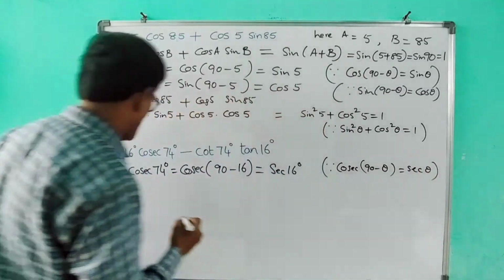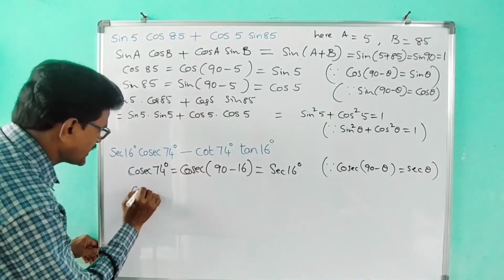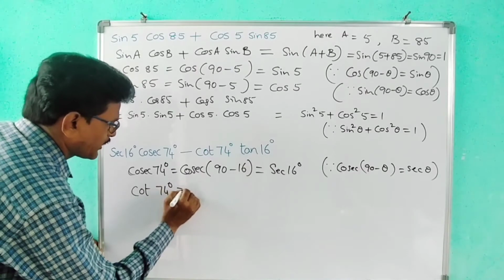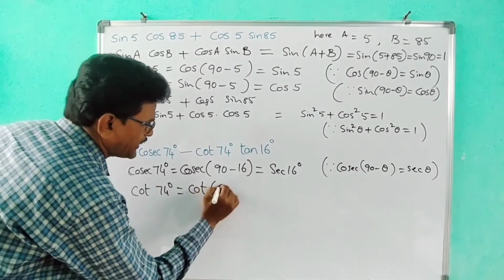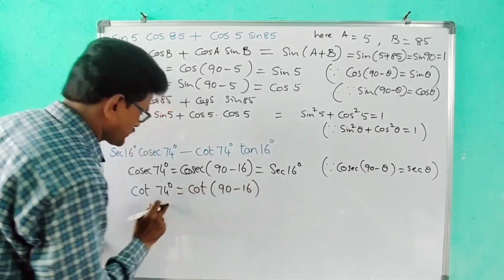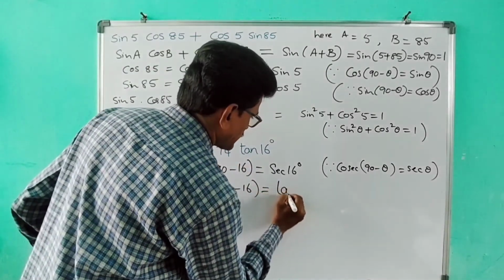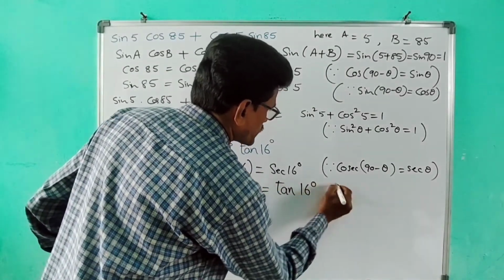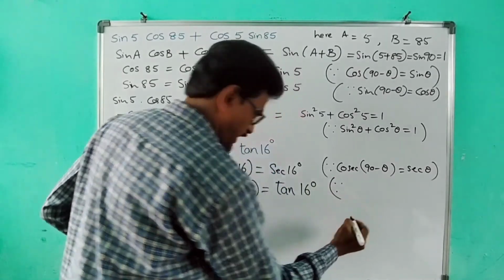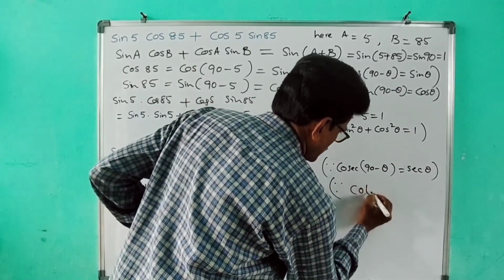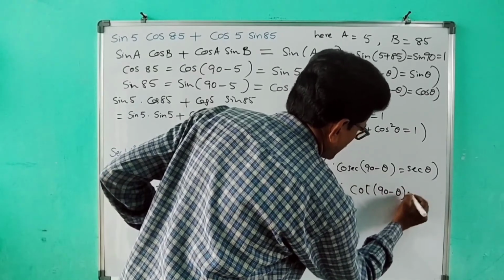Now here also cot 74 I am converting as cot(90 minus 16), since 74 means 90 minus 16. Cot(90 minus theta) is tan theta, here tan 16 degrees.